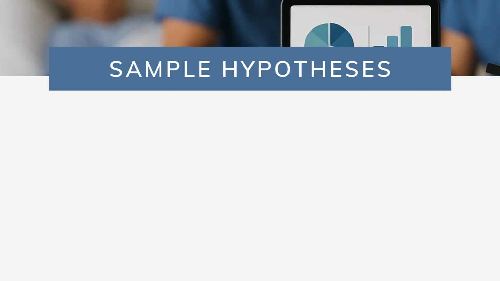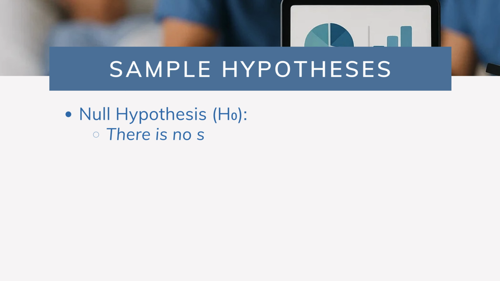Let us now look at an example to pull everything together. Suppose your subproblem asks whether knowledge is related to compliance. The hypothesis would look like this. Your null hypothesis would be stated like this.